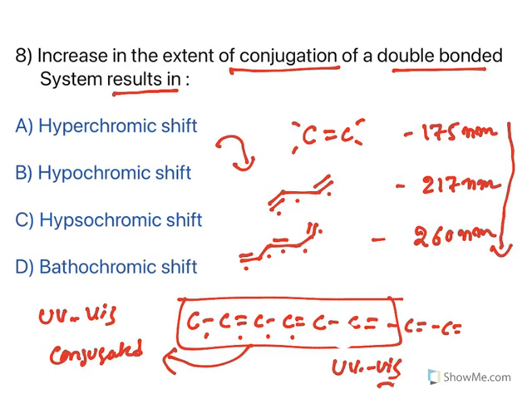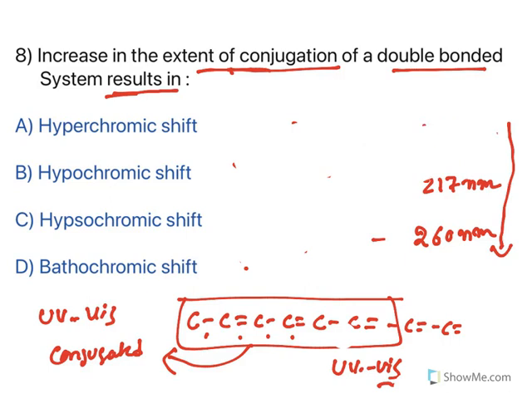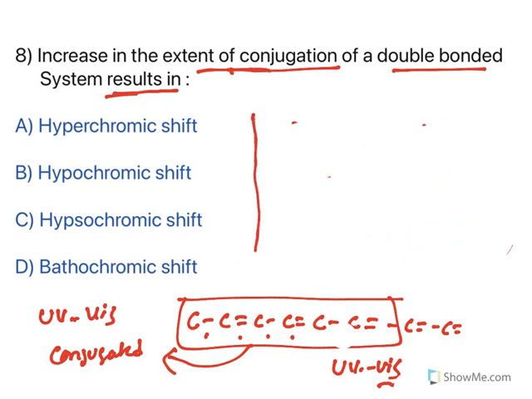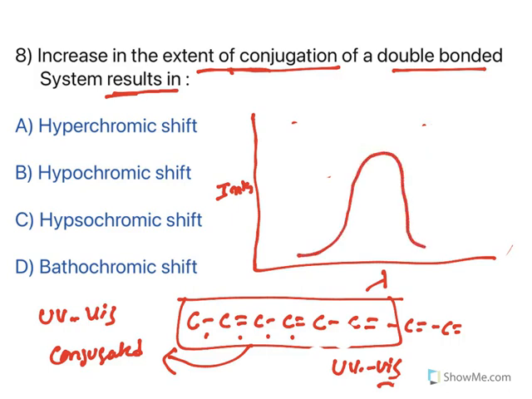So this is what the question is about. The extent of conjugation of double bond results in higher wavelength. For this, there is a specific name. Now let me explain it even in a subtle way. Now look at this. Now imagine the x-axis related to lambda or wavelength. This one relates to intensity. Now let us understand this thing.